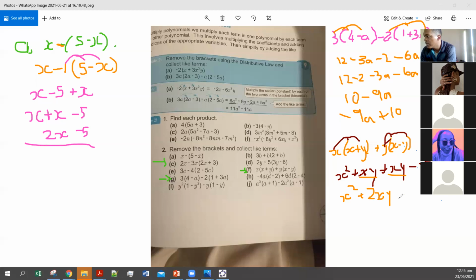And then we have minus y squared. And that's how we get the answer in the textbook. And to confirm, yes, those are the same answers that I see here in the textbook.